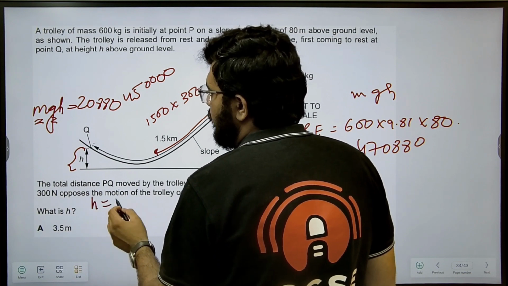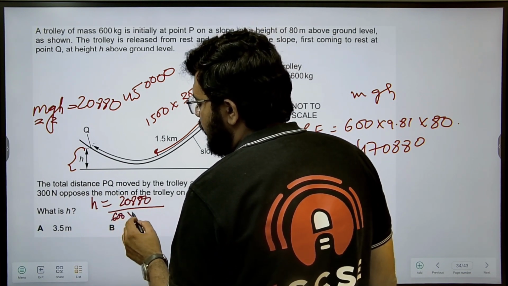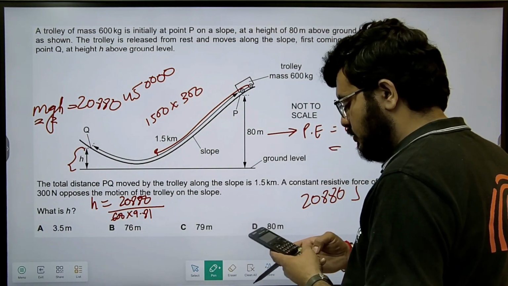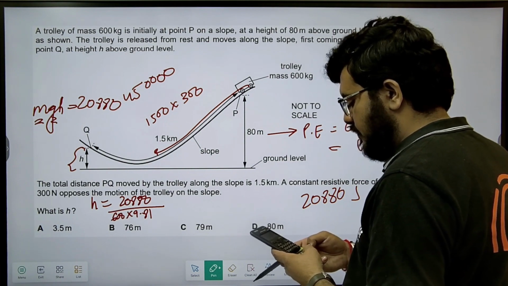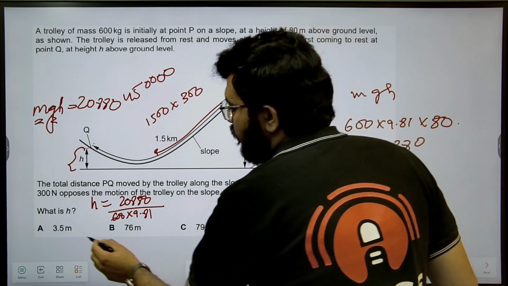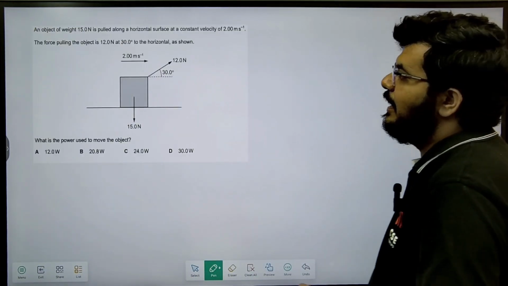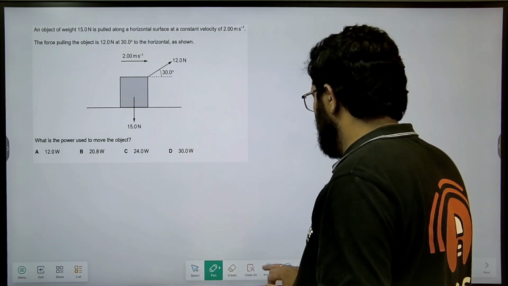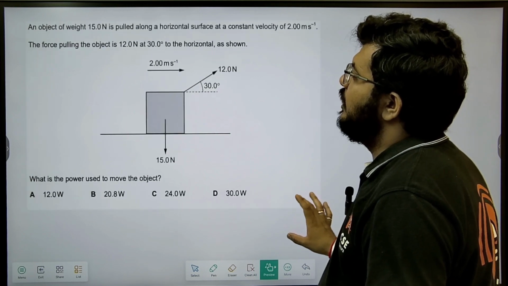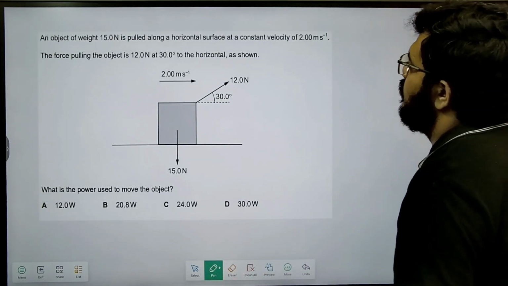So h is equal to 20880 upon 600 into 9.81. 20880 divided by 600 divided by 9.81. So we have 3.54. That is the height it can climb after doing this much work against friction.